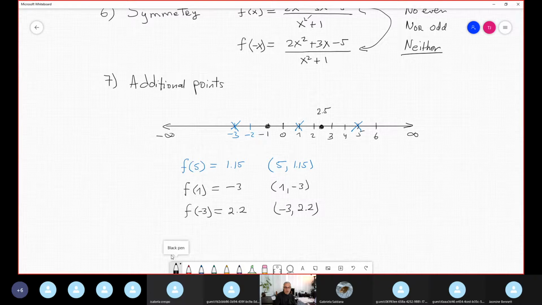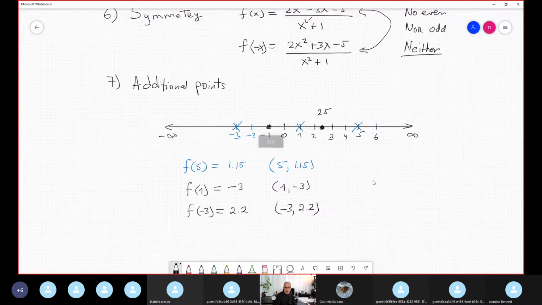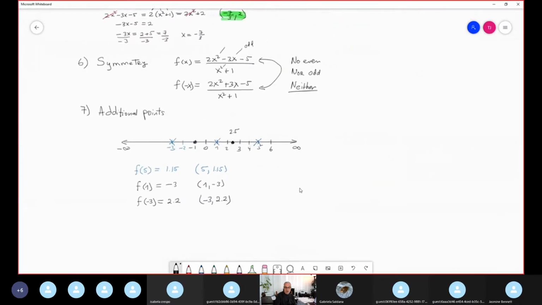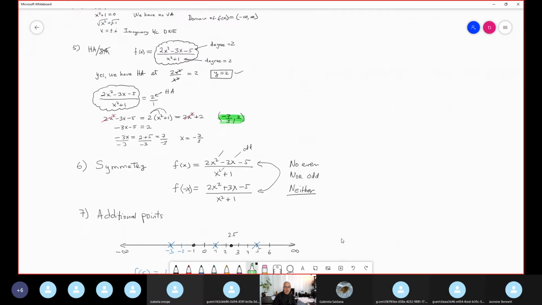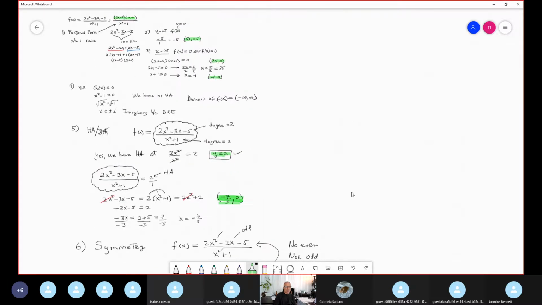So we have enough information to make a very decent, nice graphic. 4 points here. We have the horizontal asymptote, and we have 3 more points: Y-intercept, x-intercept, and another x-intercept.